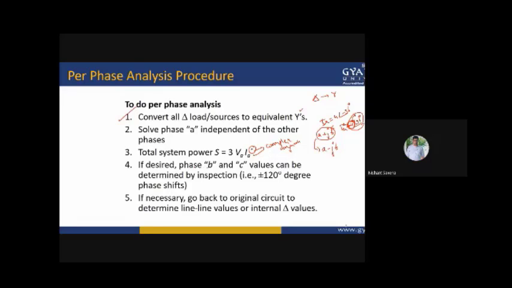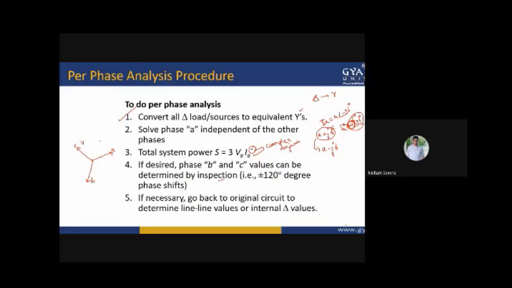If desired, the phase B and C values can be determined by inspection, that is, by plus minus 120 degree phase shifts. For a balanced phase system, as I have told you, the magnitudes of the phases are the same.